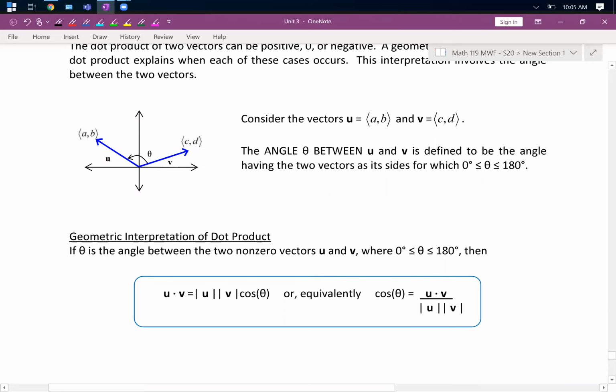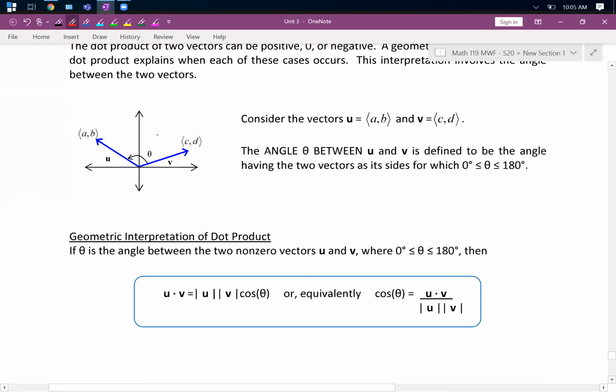So you're just taking the, well, I don't want to say acute, but less than 180 degree angle. So like if the other vector was down here instead, our angle theta would be over here, because if we went the other way, we'd be over 180 degrees.